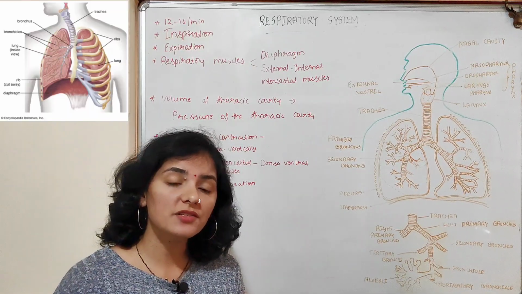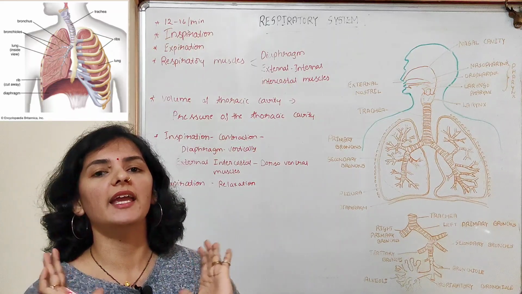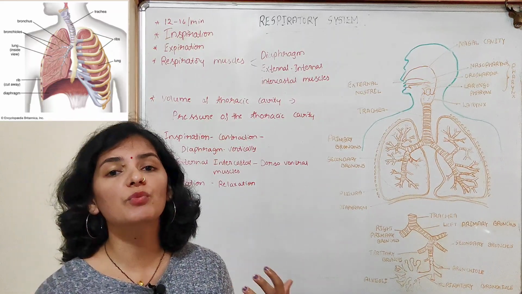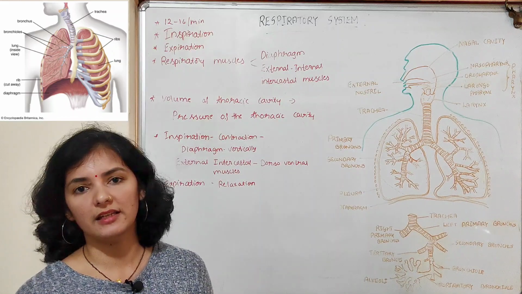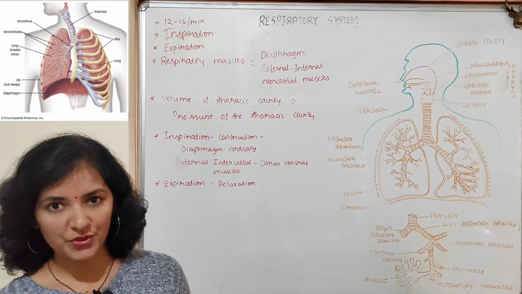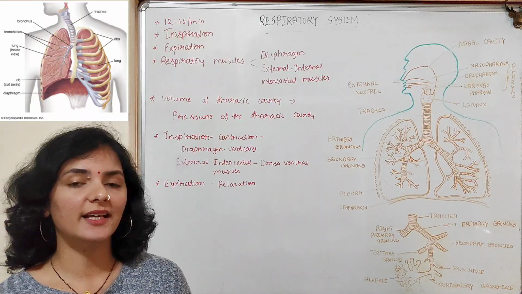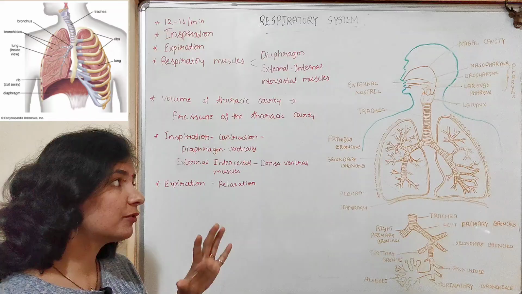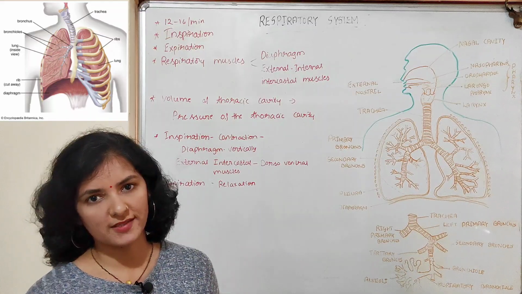Yes, it is because the thoracic cavity is an airtight chamber. Airtight chamber means air cannot move out or in easily from the outside. That's why it is called an airtight cavity, and it is created by the presence of different structures around the thoracic cavity.